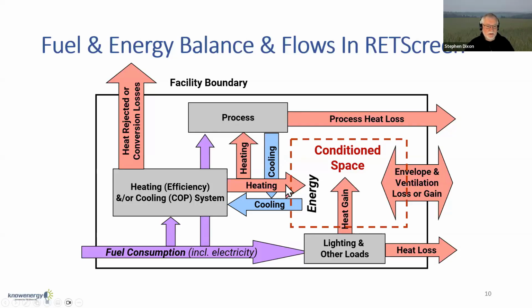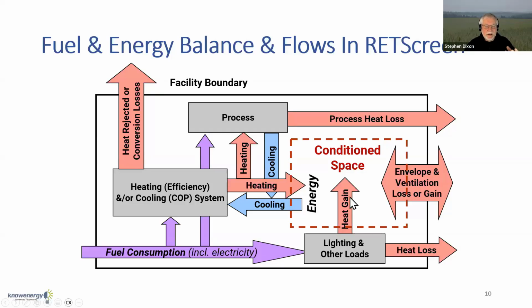The key thing I want you to see here is that within RETScreen, in addition to this boundary on the outside, which is the boundary across which we purchase fuel, or we lose heat, or we gain heat, or we reject heat from the boiler and the chiller, there's also a conditioned space boundary internal to RETScreen, where it deals with the interactions between the heat loss and the heat gain, which could be through ventilation, well, primarily through ventilation in the building envelope.